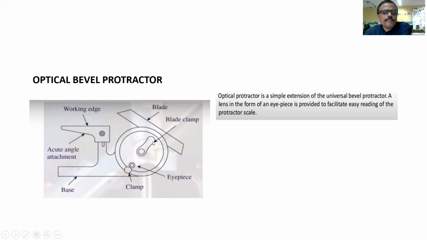Then there is the blade clamp, which clamps the blade. The optical bevel protractor is a simple extension of the universal bevel protractor. A lens in the form of an eyepiece is provided to facilitate easy reading of the protractor scale.